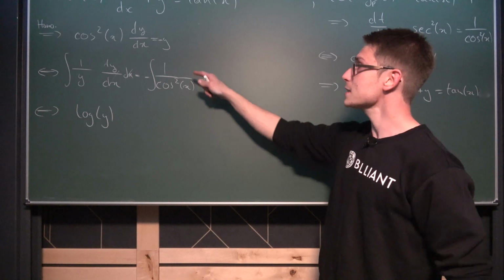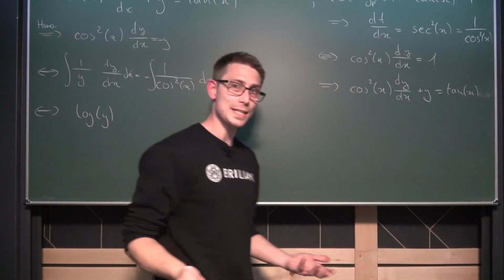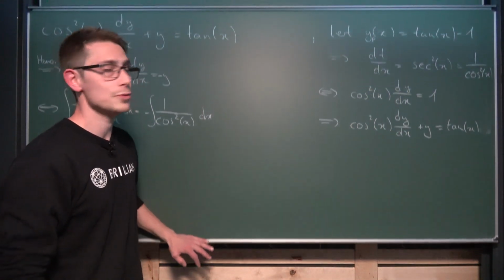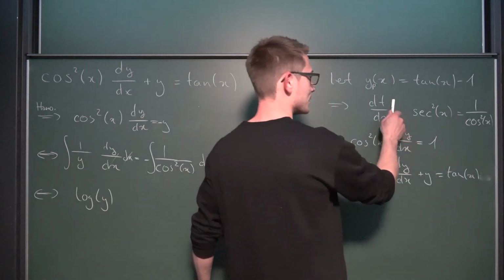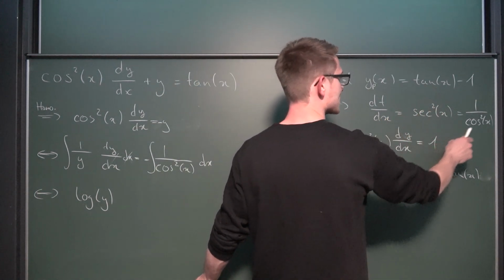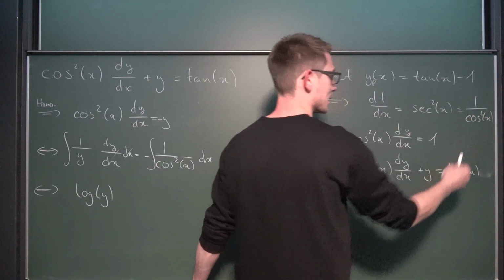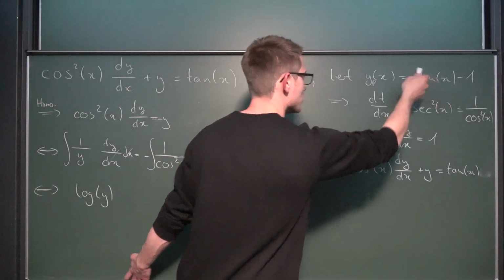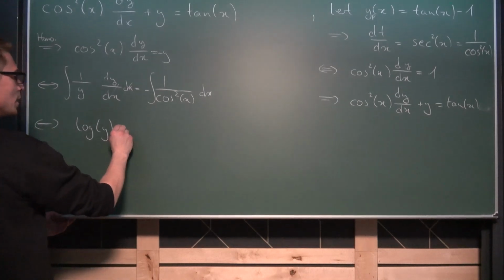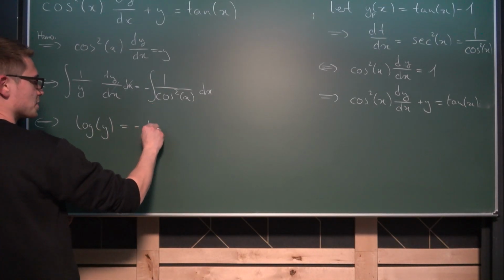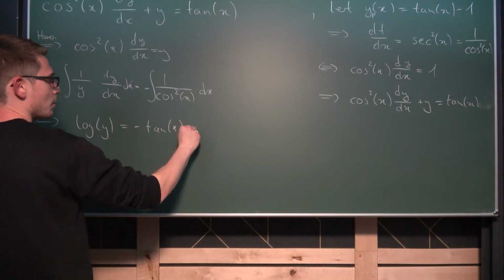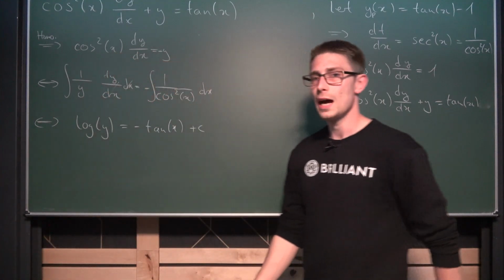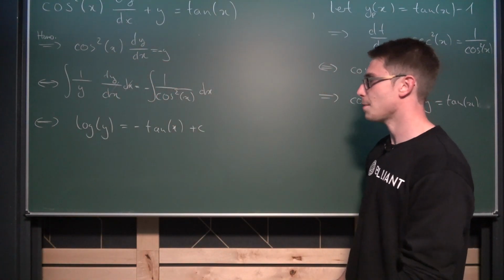Now the cool thing is, 1 over the cosine squared is very easy to integrate if you know about what we did before. The derivative of the tangent of x is the same as 1 over the cosine squared. Meaning if we integrate both sides here, we are just going to get the tangent out on this side, but with a negative sign, so negative tangent of x plus some arbitrary constant c out of the complex numbers.